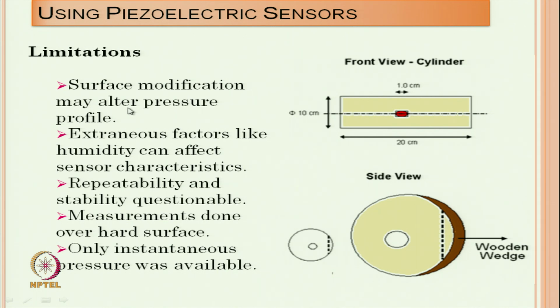Surface modification may alter the pressure profile; here surface modification is required. External factors like humidity and temperature affect the piezoelectric sensor. Repeatability is questionable, again it is a hard surface, and only instantaneous pressure was available; we do not get the continuous pressure profile here.